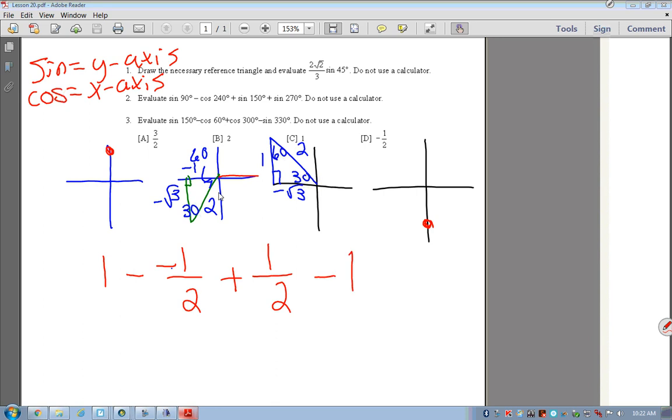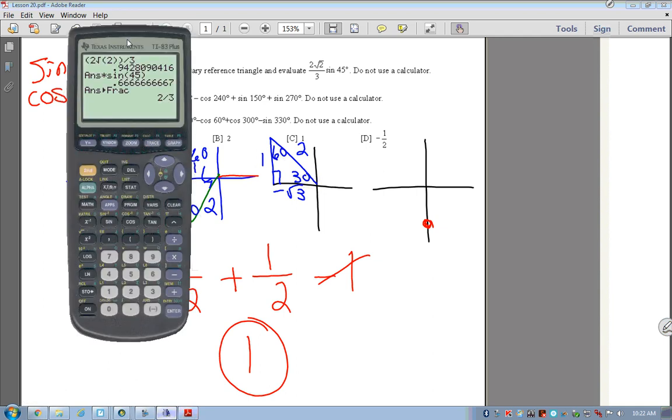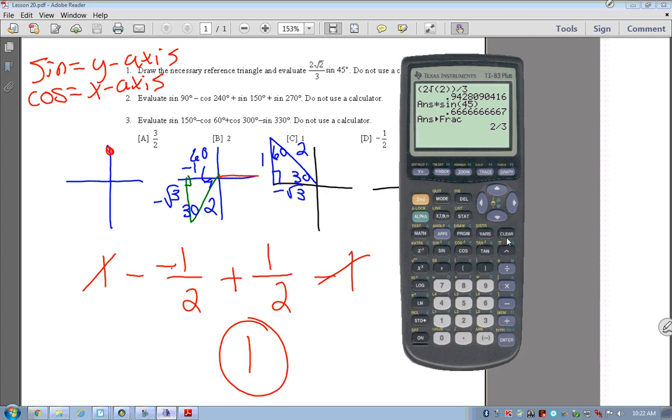All right. So now we just need to figure this out. Well, 1 and -1 are going to cancel out, right? Okay. Now I've got positive 1/2 plus 1/2. So my answer should be 1. Okay? You can use your calculator to check this. If you're already in degree mode, you can type it in.